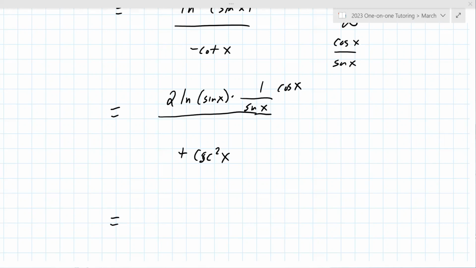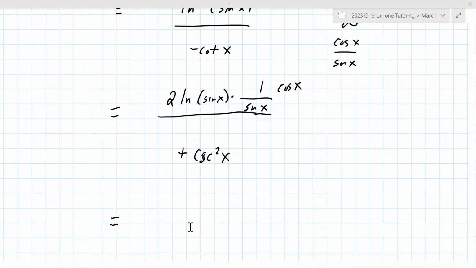Let me try one more here. Looking at one more thing here. Okay. This one says it does not exist, but it does from the right. It does exist from the right.